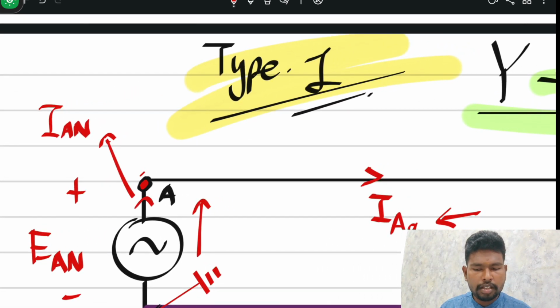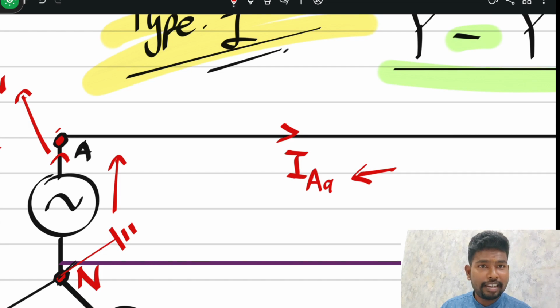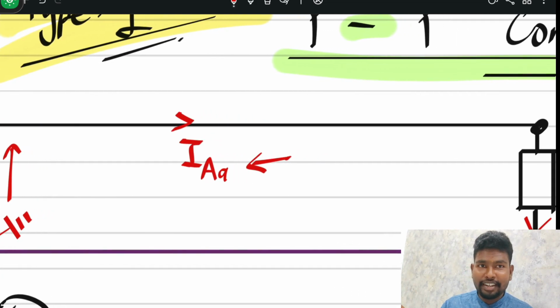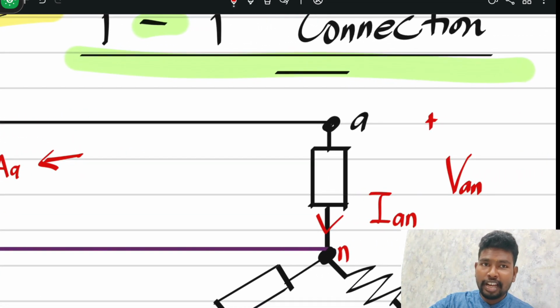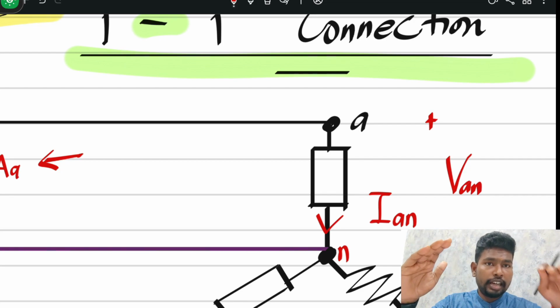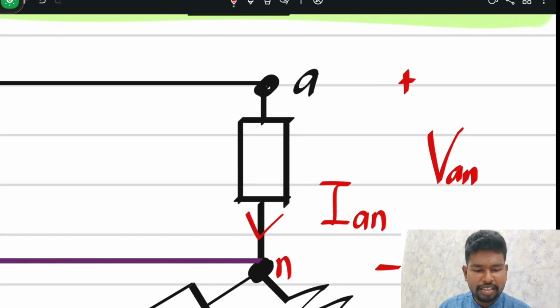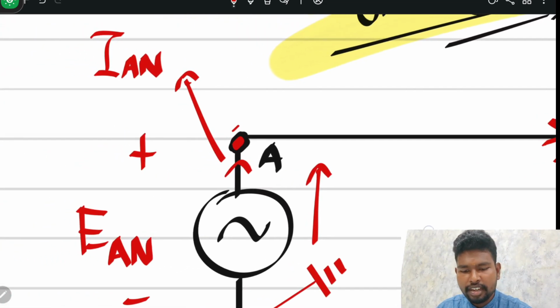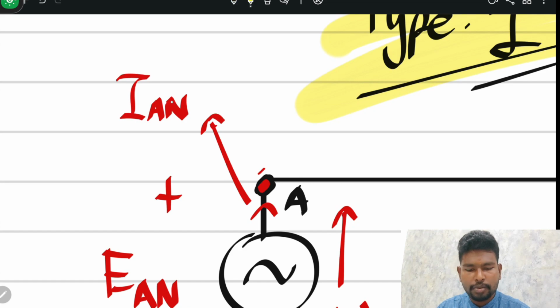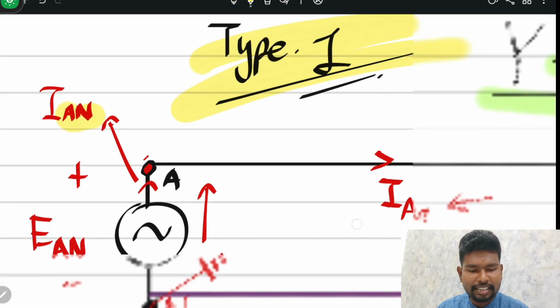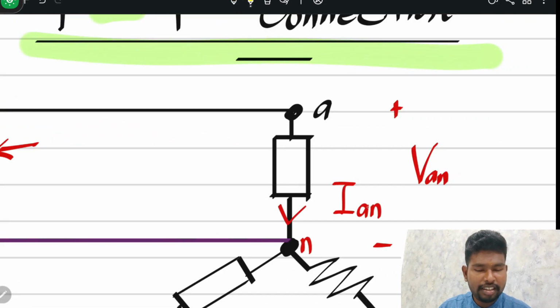What does it mean? Before that, let's look at the load. If there is current going out, IAN, the current coming through into the load becomes IAN as well. But this one is a lowercase ian. That one is uppercase IAN. This one at the load is lowercase ian.